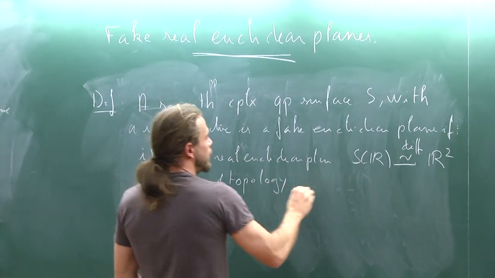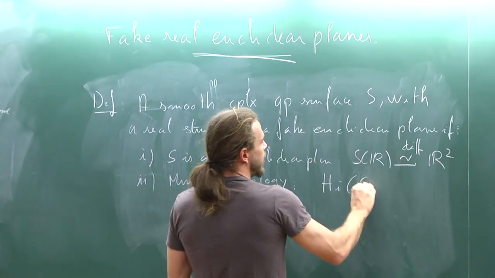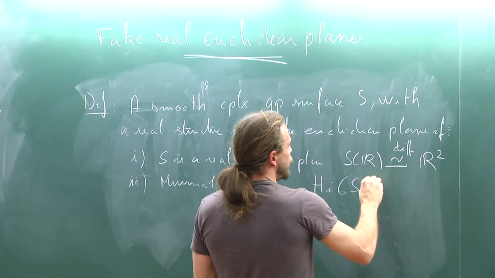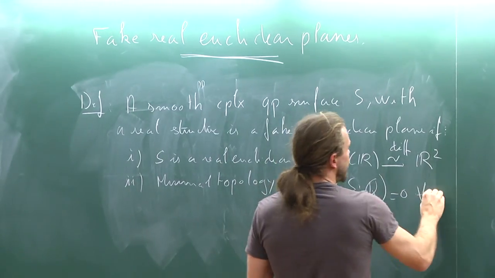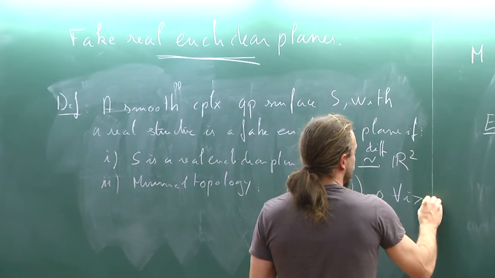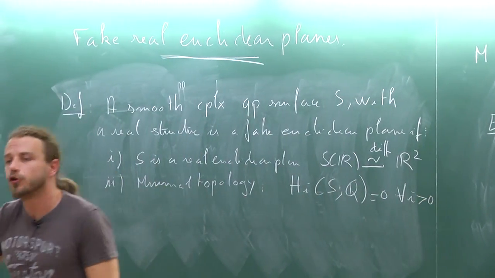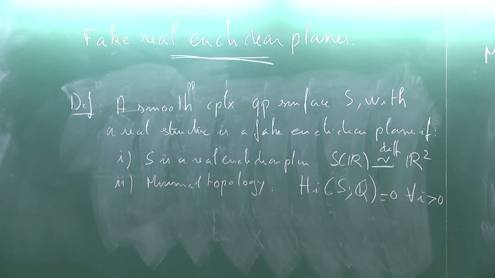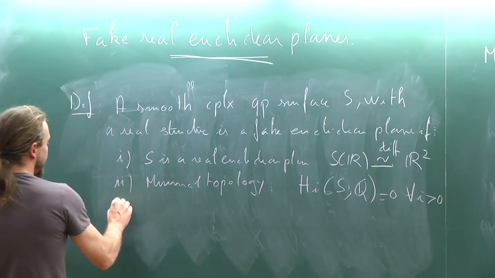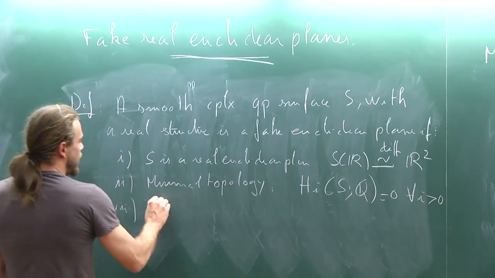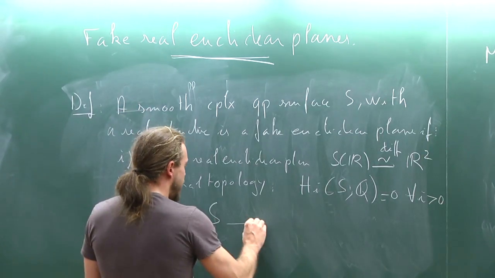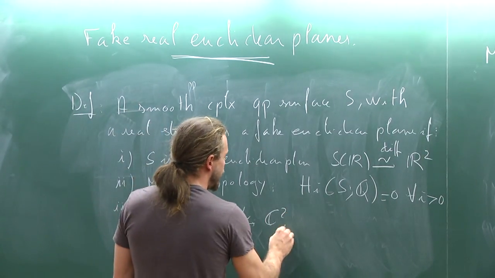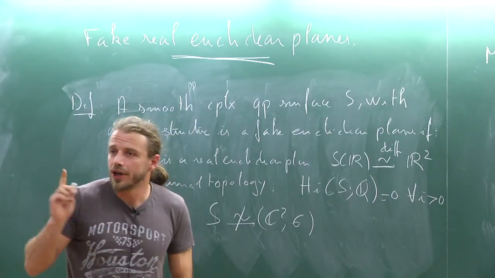In the sense that H_i of S with Q coefficients is 0, so it's Q-acyclic, or it could be Z-acyclic, or it could be contractible. It depends on the class you want to restrict to. And the third condition, why it is fake, means that S is not isomorphic to C2 with its standard real structure as a real algebraic variety.